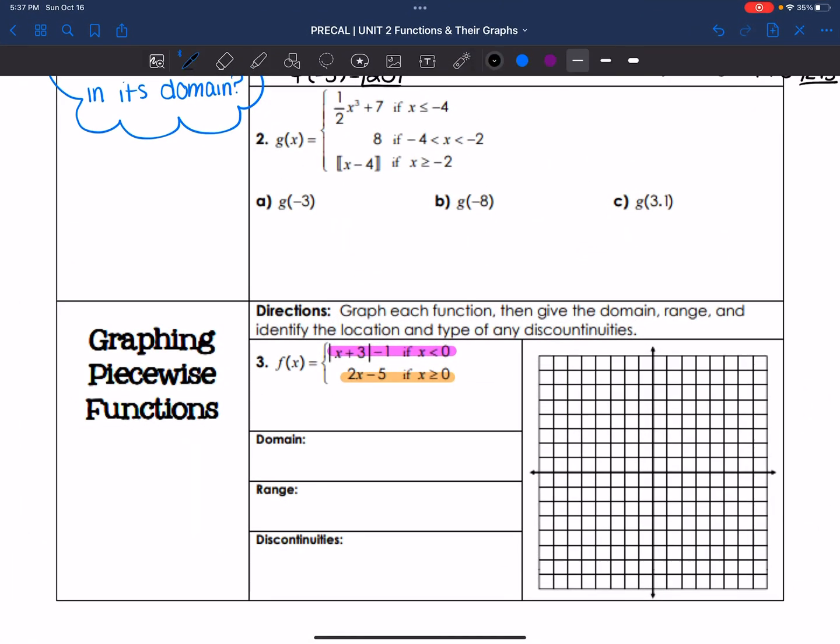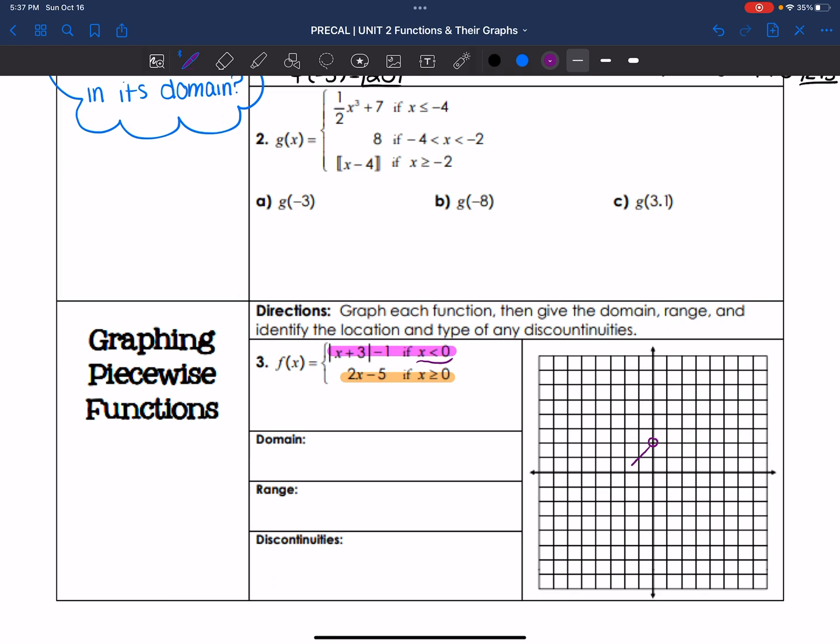So our purple piece started at a height of 2 right here, but at this value it is an open circle, because when x is strictly less than 0, that means we need to have an open circle at that value of x for our purple function, open boundary.